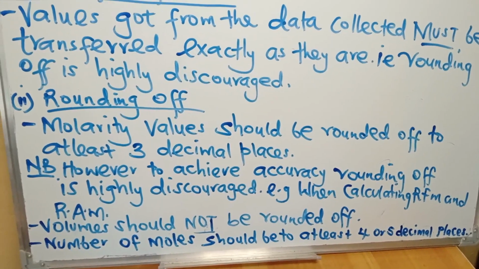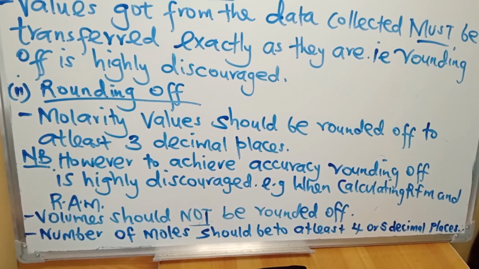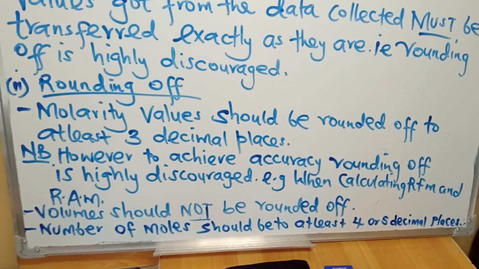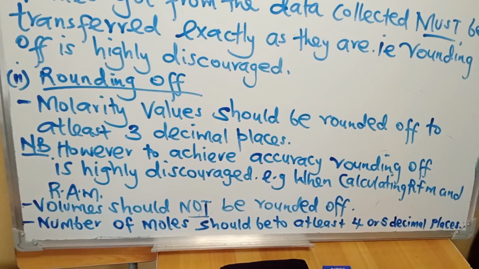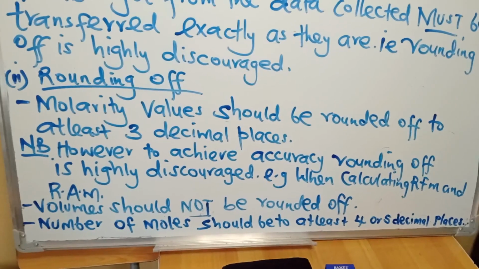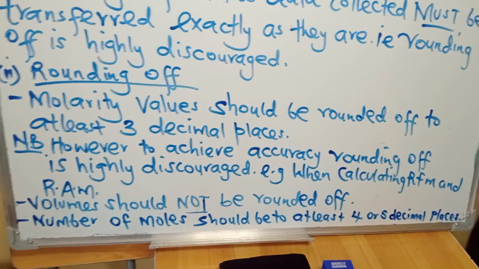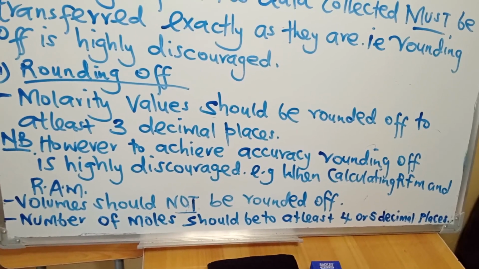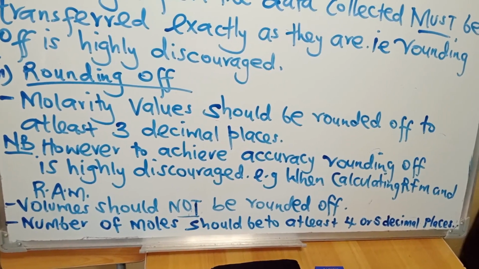If you want to achieve accuracy, then avoid rounding off. The other point is that volumes should not be rounded off at all. For volumes, avoid rounding off. For the number of moles, you should round them to at least 4 or 5 decimal places.